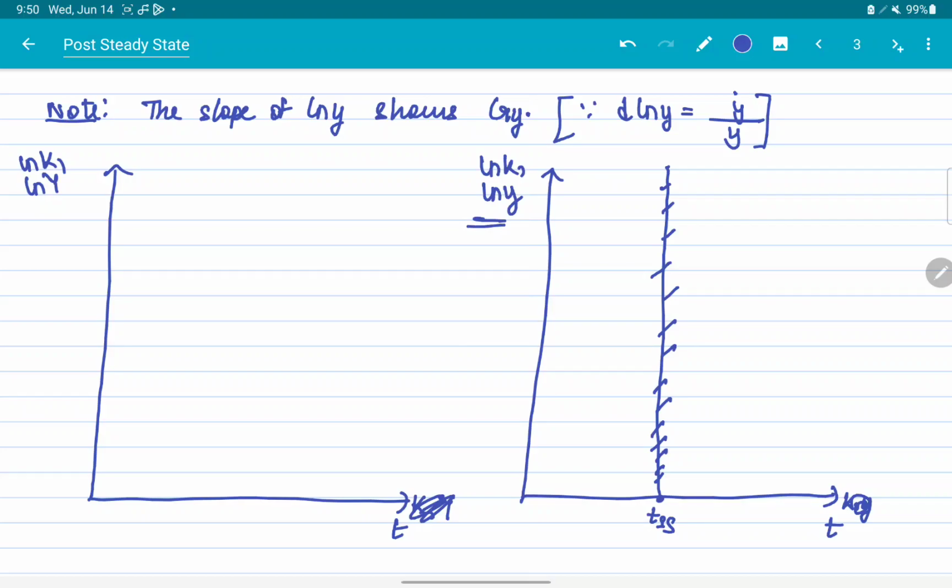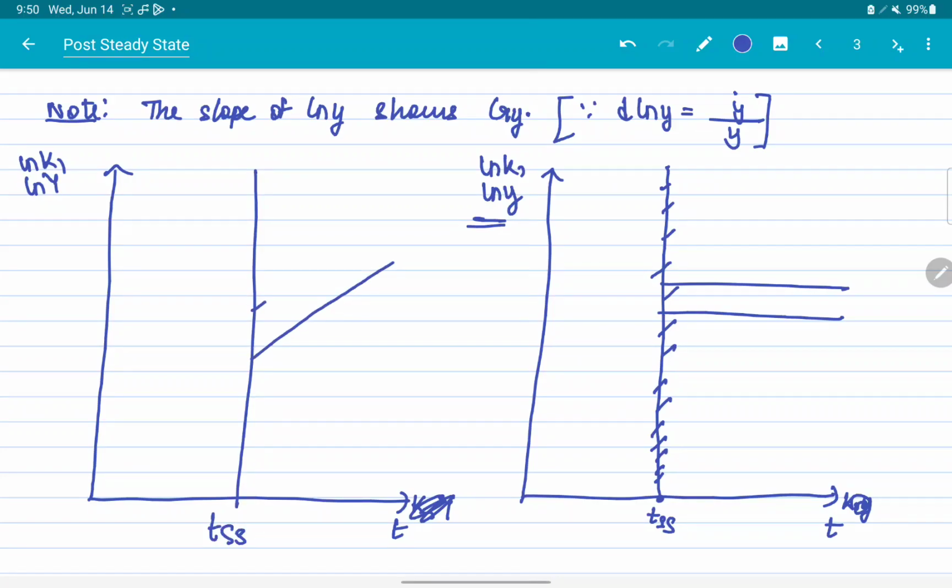Remember, small k and small y don't grow anymore at steady state, which is to say they will be flat because their slope will be 0. What about capital K and capital Y? Their slopes will be positive and they'll be parallel, because both grow at n, which means the slopes of ln K and ln Y will be equal.